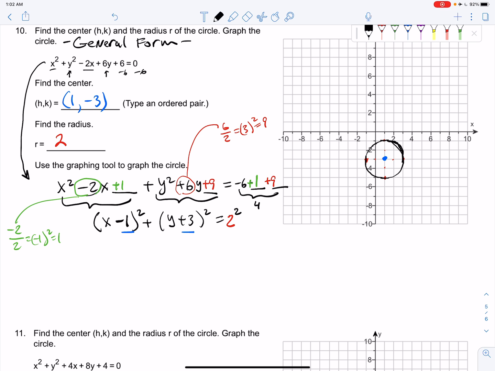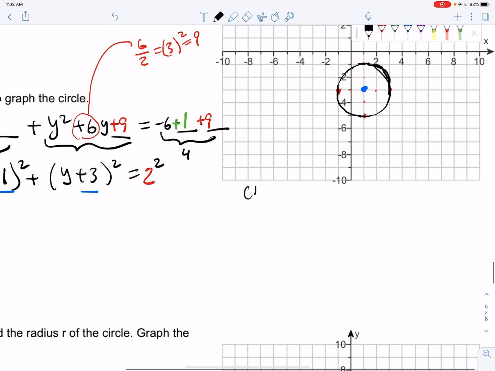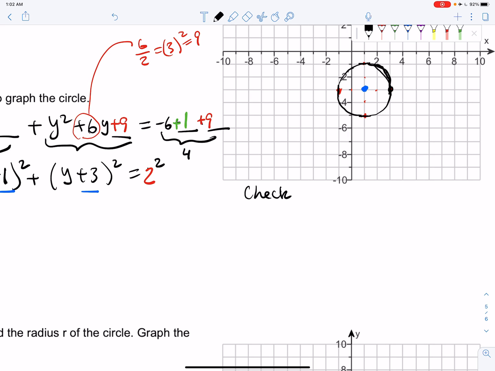Since I had to complete the square and do a bunch of stuff to this thing, I really want to check it. So why don't I check it with a point that's on that circle? How about that one? I'm sure we could find an easier point, but that point is 3 comma negative 3. So we're going to use 3 comma negative 3 to check. What's the original problem?